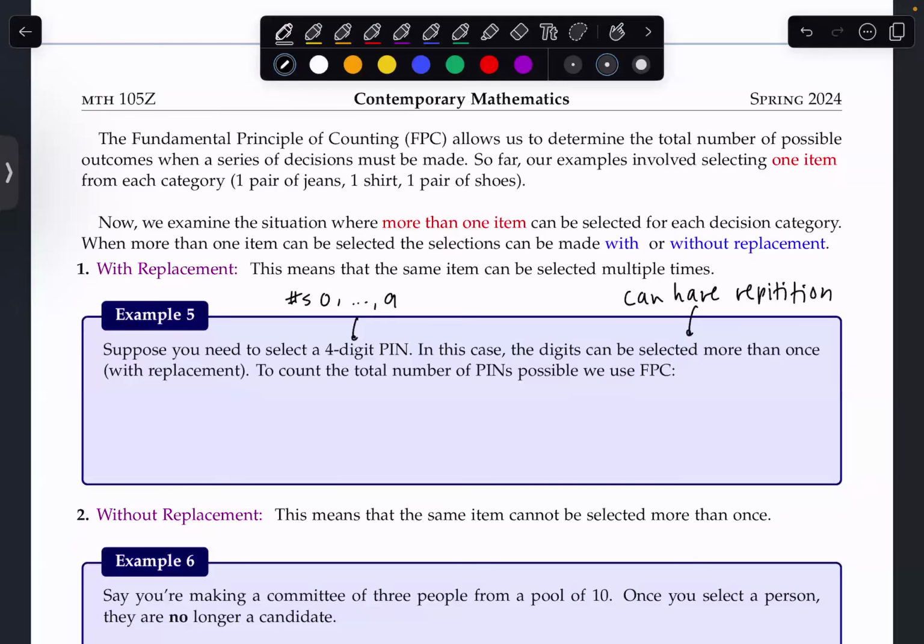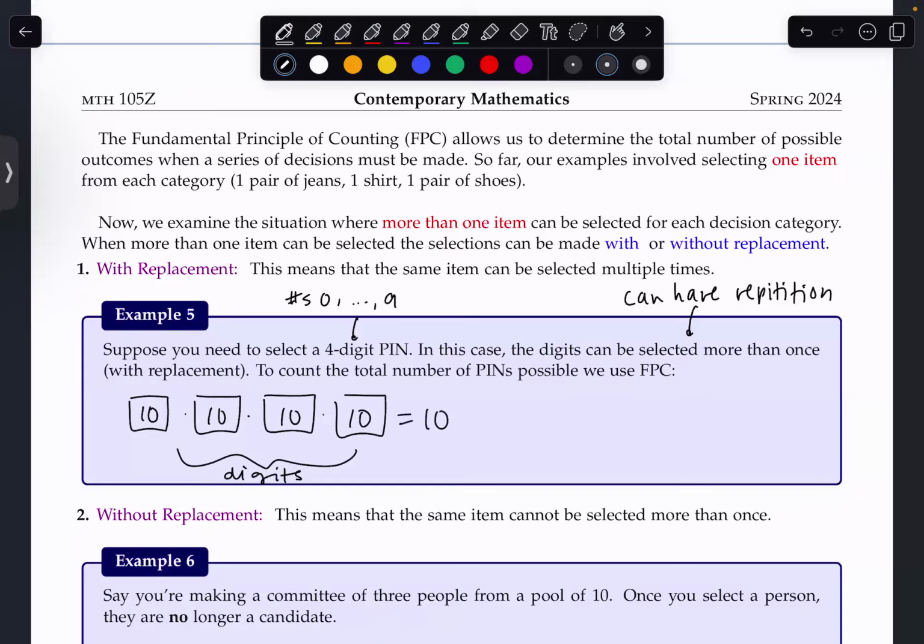And we want to count the total number of PINs possible, right? So this is a problem that we could have done previously, where I have 4 choices to make, 1 for each digit in my PIN. And I'm allowed to plug in a digit, and I'm allowed to repeat. So all 10 digits are allowed in every single one of my positions.